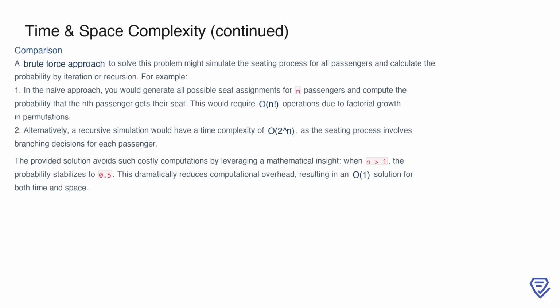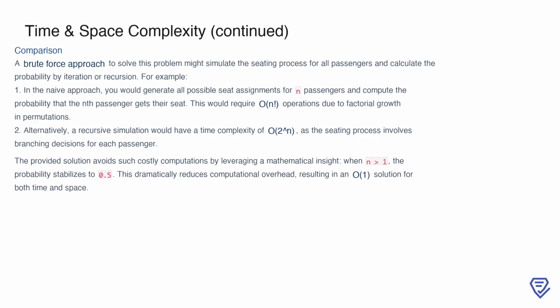To appreciate the efficiency of the given solution, let's compare it with a brute force approach. A naive method might involve simulating all possible seating arrangements for n passengers to calculate the probability of the nth passenger getting their seat. This would require generating all permutations, resulting in an O(n!) time complexity due to factorial growth.